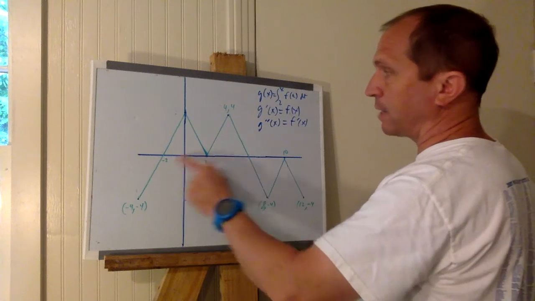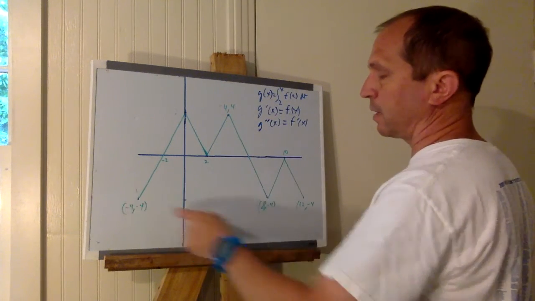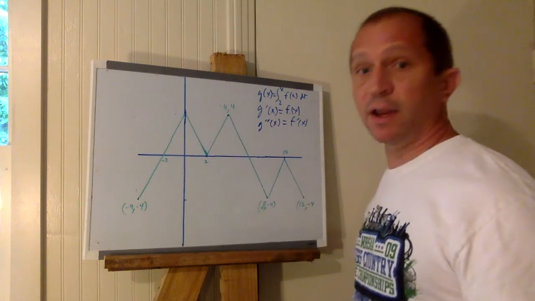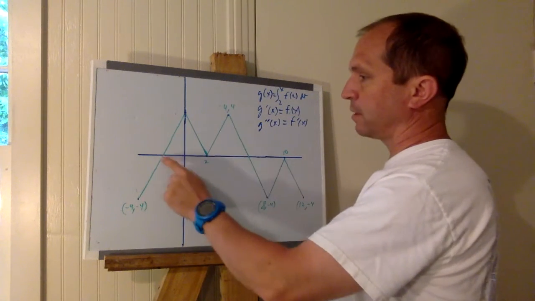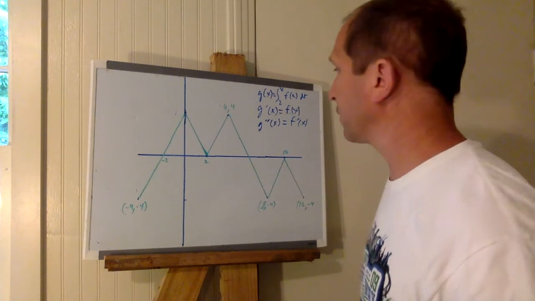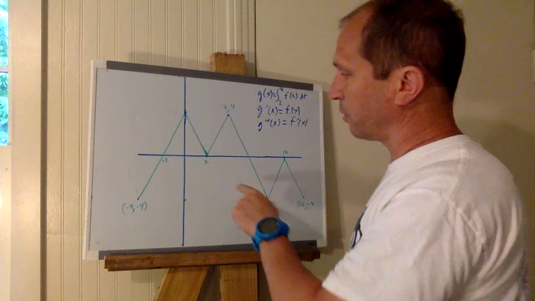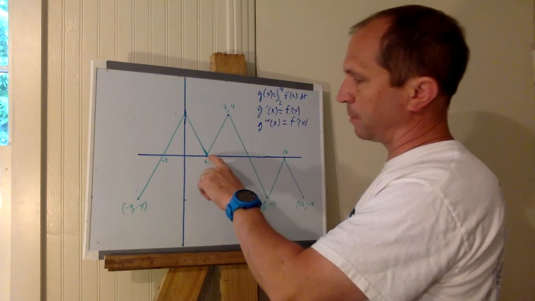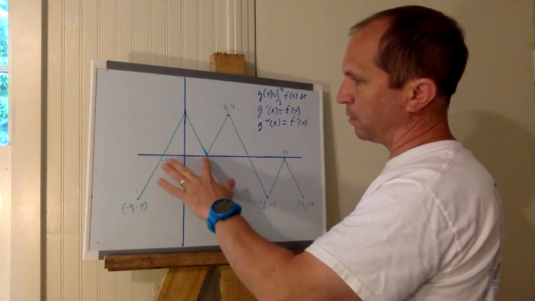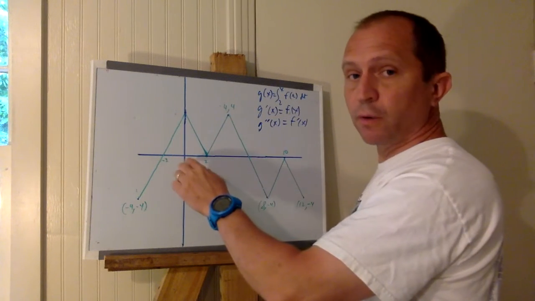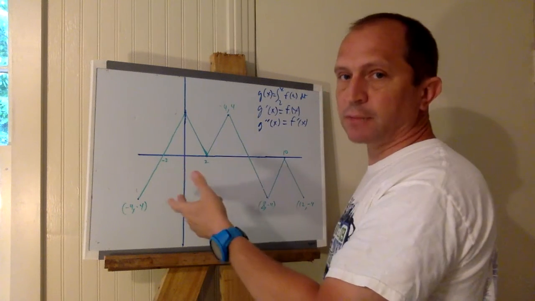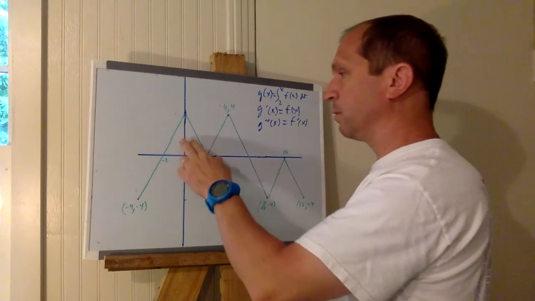Well, we're moving from right to left when we go from 2 to negative 4. So anything above the x-axis is going to have a negative value, and going from right to left, anything below the x-axis is going to have a positive value. So let's just talk through the first one, and then I'll put the work for the others up here. This is a triangle, base of 4, height of 4. So it has an area of 1/2 base times height, so it would be half of 16, which would be 8.